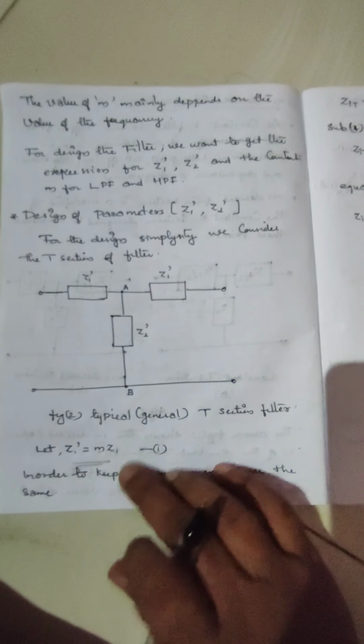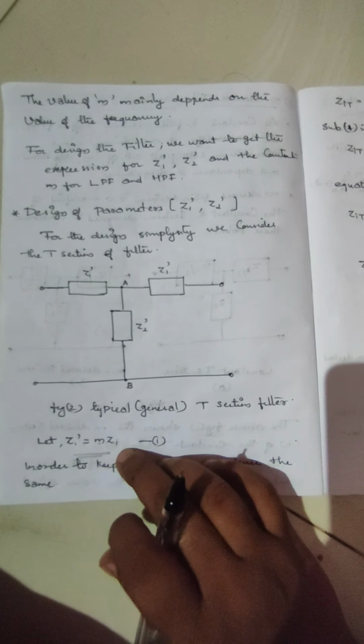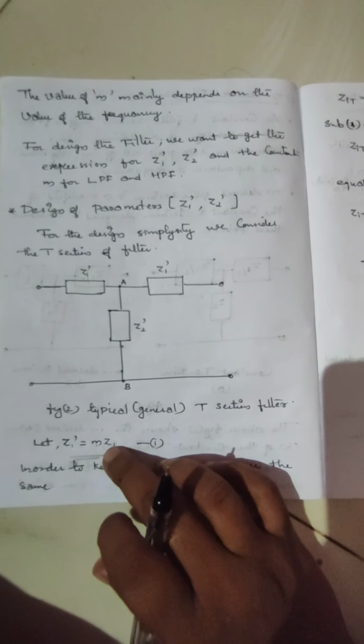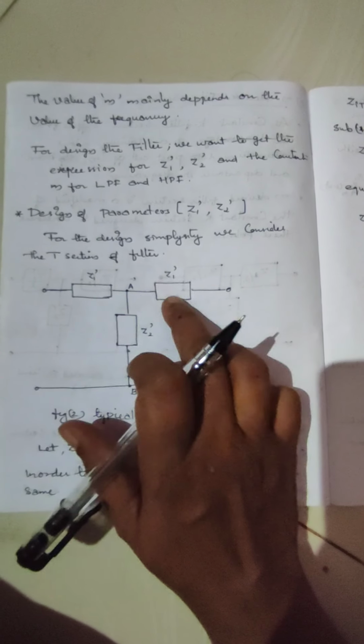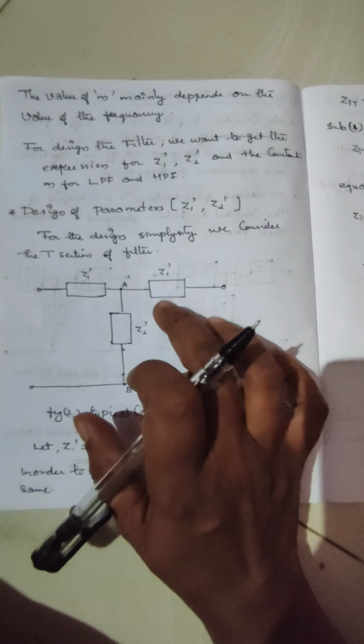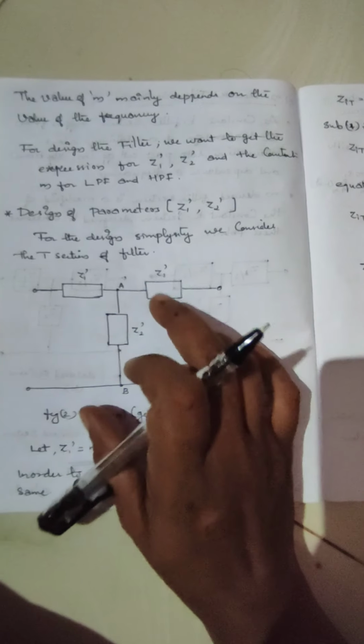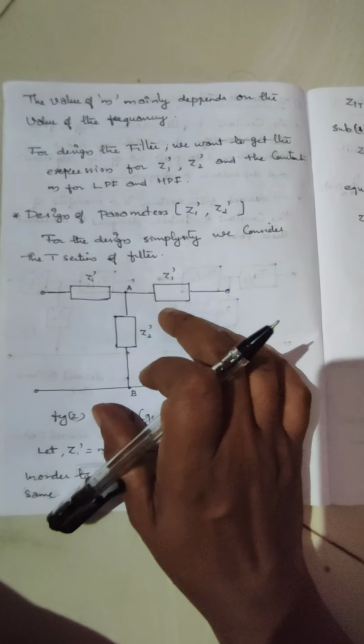Okay, let us assume z1 dash is equal to m into z1, because I already said these component values, that means z1 dash and z2 dash, always carry a constant m. Because of the presence of m, this designing technique will be called the m derived section.